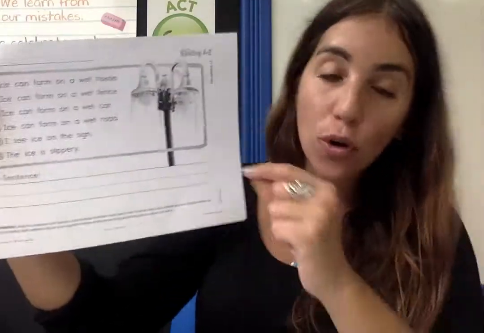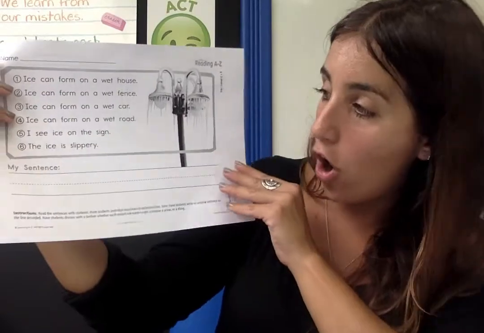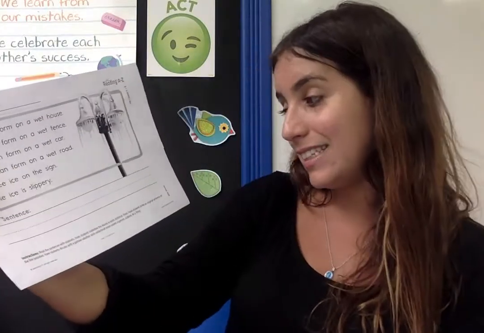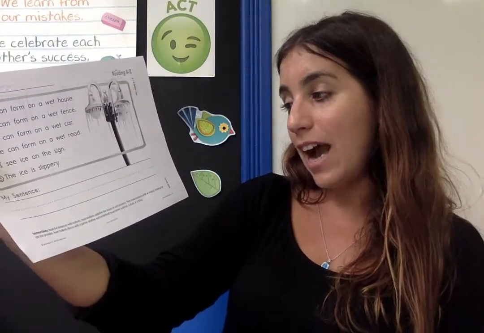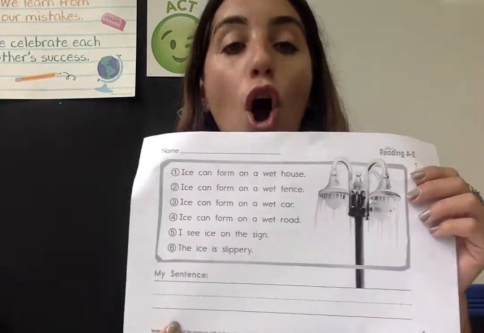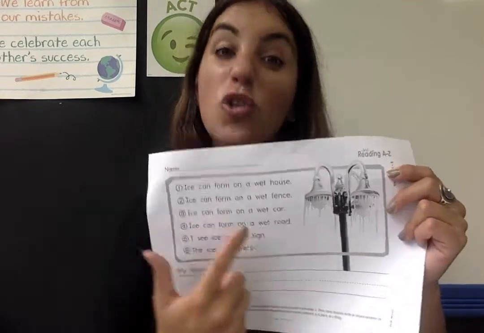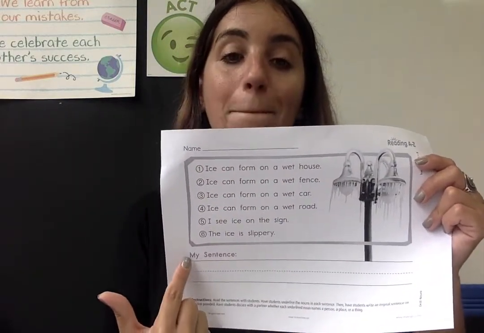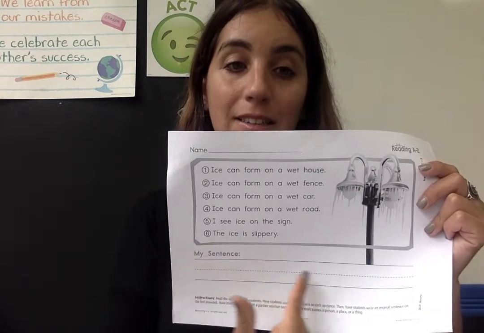It's called a noun. So you're going to underline all of the nouns, and then you're going to write your own sentence, okay? You're going to have your own sentence, and you're going to underline the noun. So you're going to write your own sentence. You can use some of the nouns here, but here you're going to write my sentence, okay?